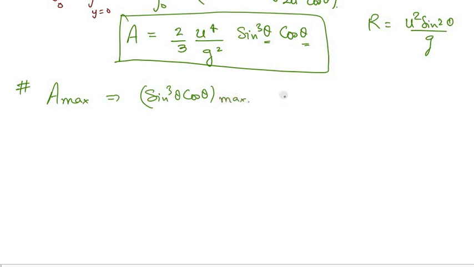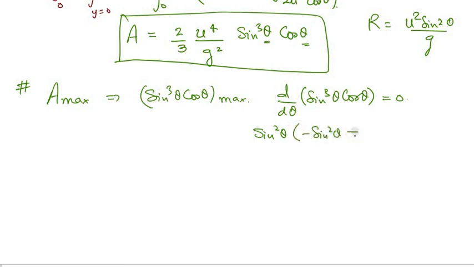So let's do the differentiation with respect to theta. This is sine cube theta cos theta, which we have to set to 0, and if you differentiate it, you will get 3 sine square theta cos square theta minus sine to the fourth theta, equal to 0.